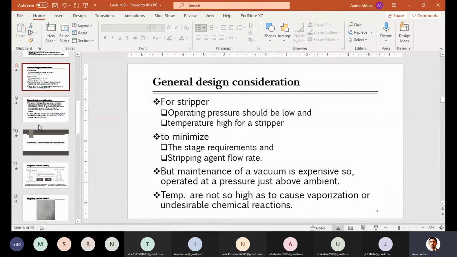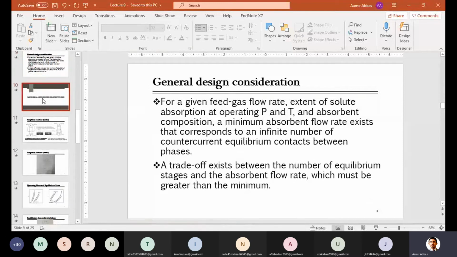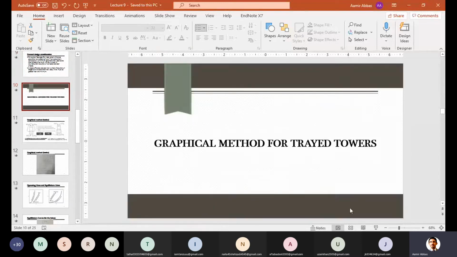Similarly for the stripping tower, and at the end we majorly concluded that these are usually operated at atmospheric temperature and pressure. Although in the absorber, high pressure and low temperature are favorable, in case of the stripper it is just the opposite, high temperature and low pressure.